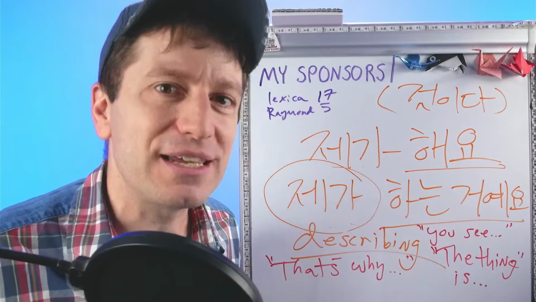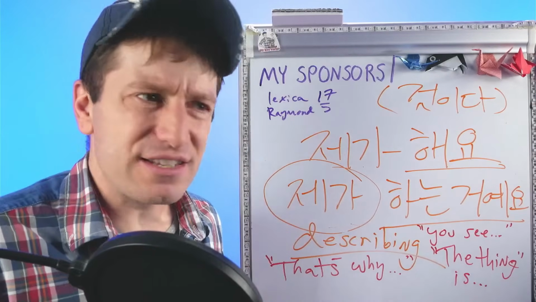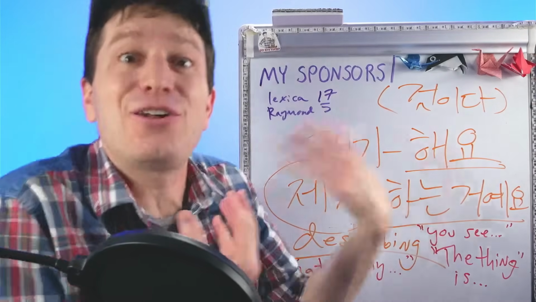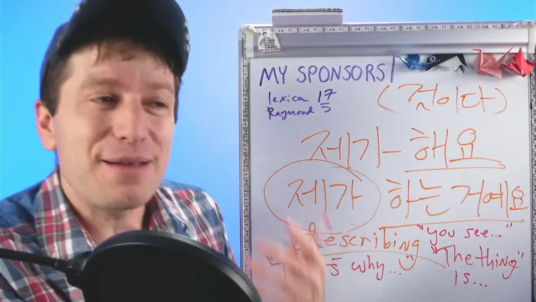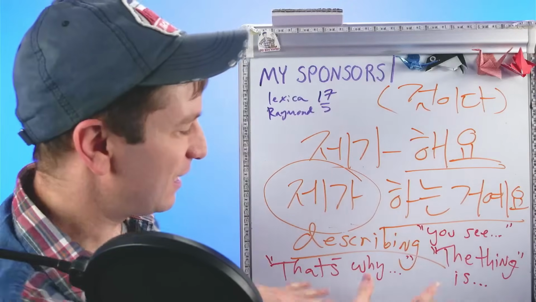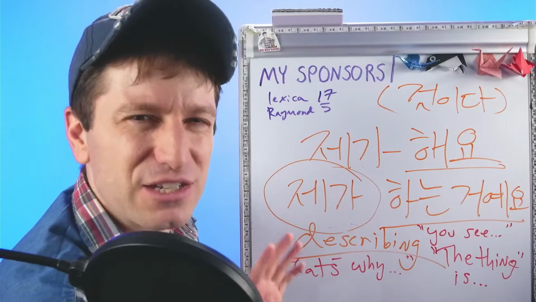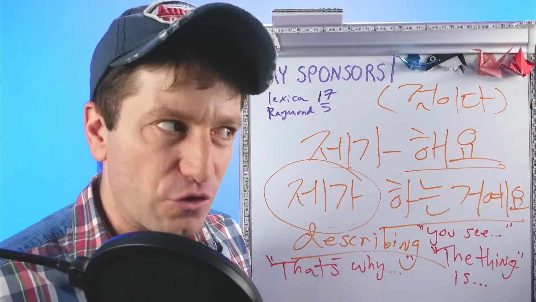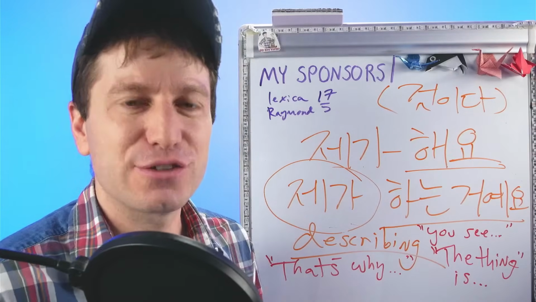Because you are describing the subject, it adds the nuance of, well, why are you describing him in the first place? Well, the reason is because I'm going to tell you something. You see, I'm just describing them by letting you know more information, kind of like giving some explanation for something. So when might you want to use 는 거예요 over the standard present tense form?